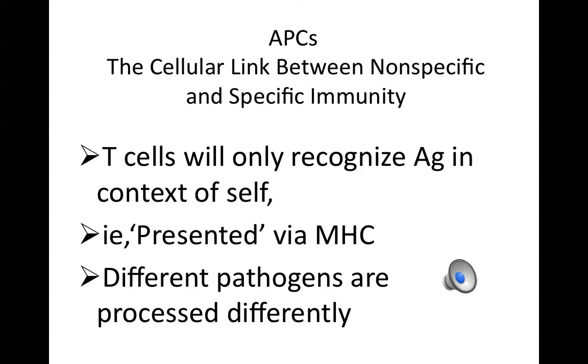Lymphocytes can only essentially detect the presence of viruses, tumors, bacteria, or toxins when bits and pieces of those items are packaged in a self-marker and displayed to the T lymphocyte directly. Different pathogens and different items like toxins are processed slightly differently, but they're all packaged in self-markers for presentation to the T lymphocytes.